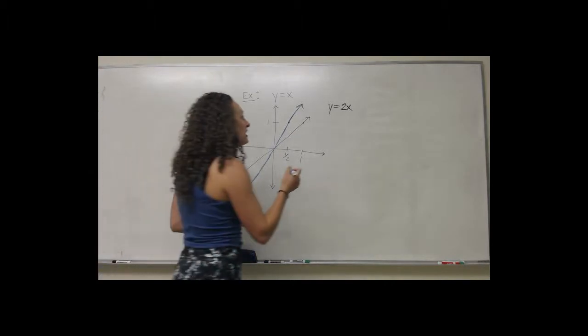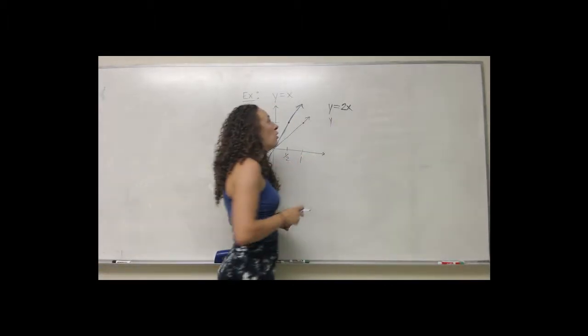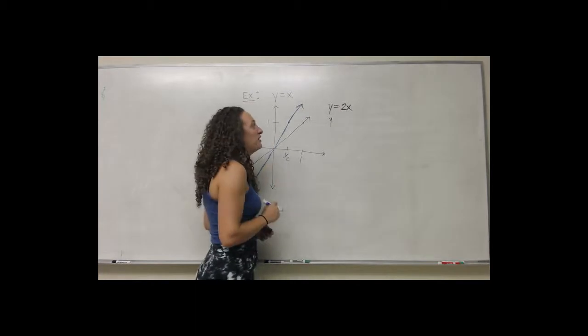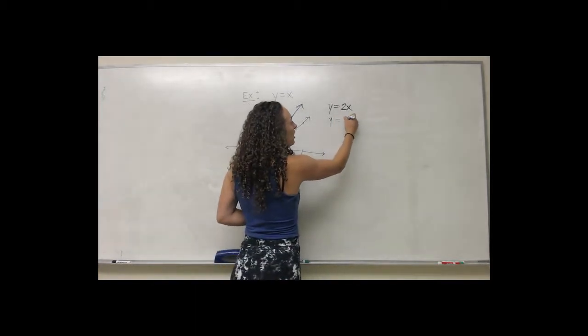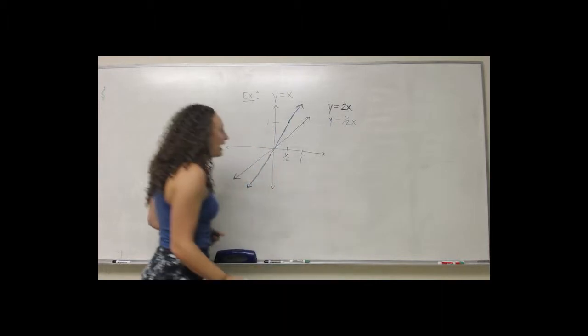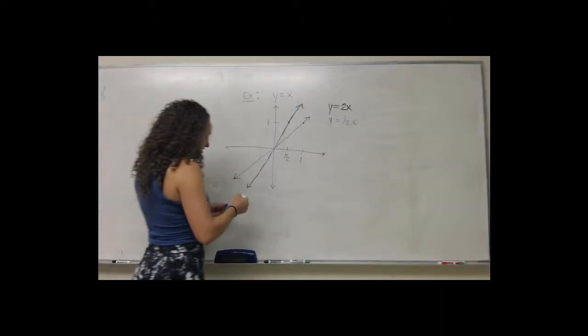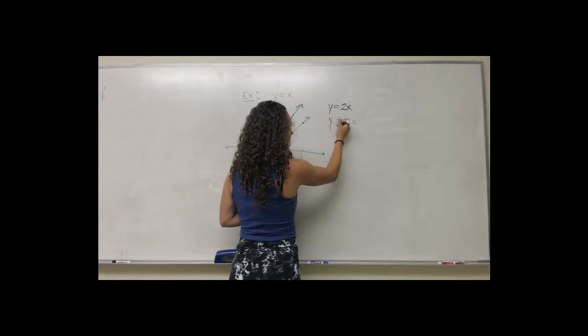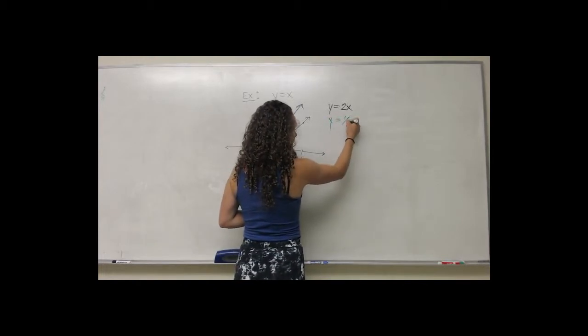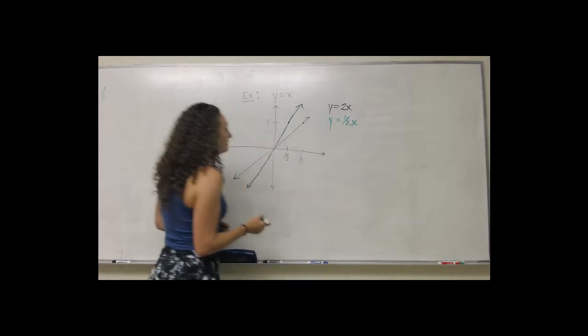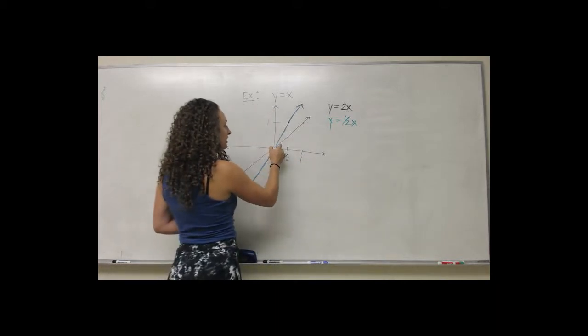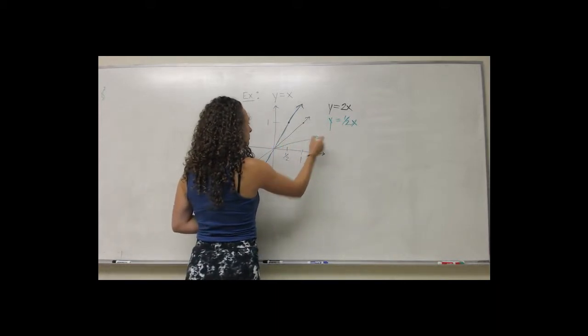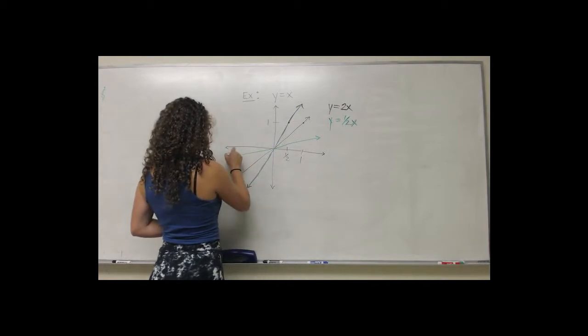Now what if I replace x with 1/2 x? What happens there? Let me do this one in green. This line has a less steep slope. It looks something like this.